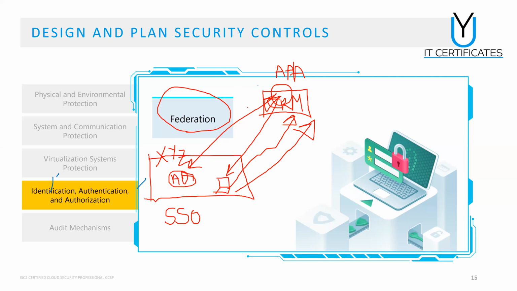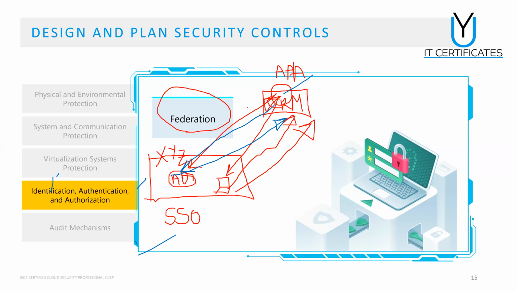So it will send the username and password it received to the Active Directory and say, hey, is this username and password correct or not? Yes, it's correct. Okay, thank you very much. Is it authorized to access the CRM application? Yes, it's authorized. Then it will send a response that yes, he is allowed. Then the user will be able to access the CRM.